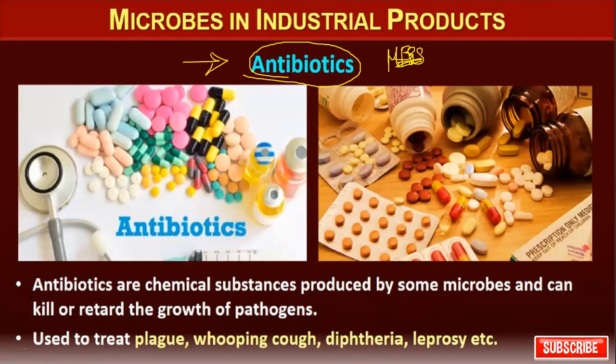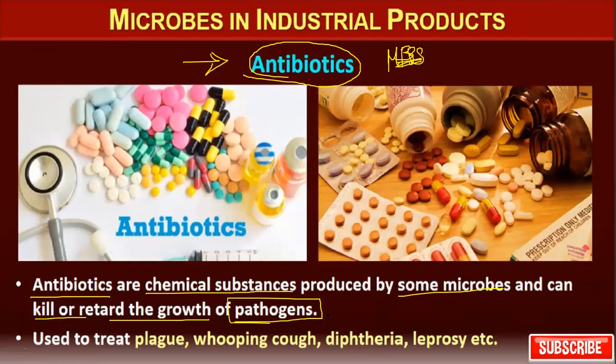What do you mean by antibiotics? They are actually the chemical substances which are produced by some microbes and can kill or retard the growth of pathogens. So antibiotics are certain chemical substances which are produced by microorganisms and that are used to kill or inhibit the growth of other microorganisms.